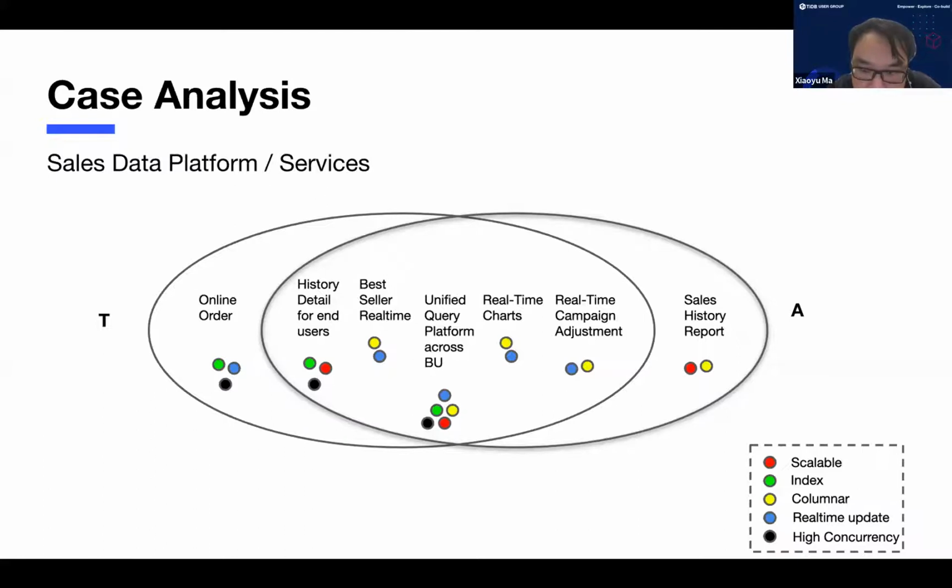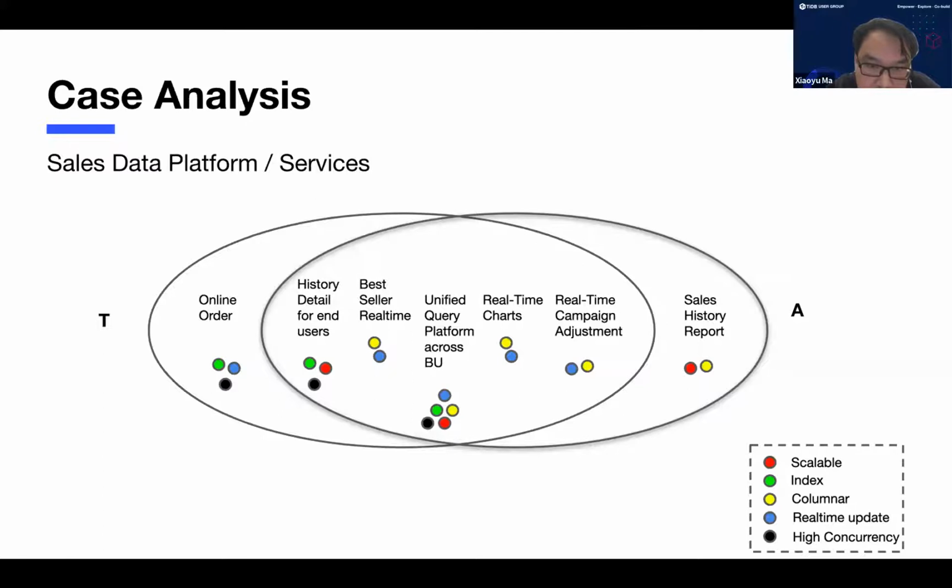At the same time, you need to sync your data from the TP database to have the latest user orders or latest purchase information. So for these services, you need both a column store and real-time updatable ability. Similarly, real-time charts or real-time campaign adjustments are very similar things.